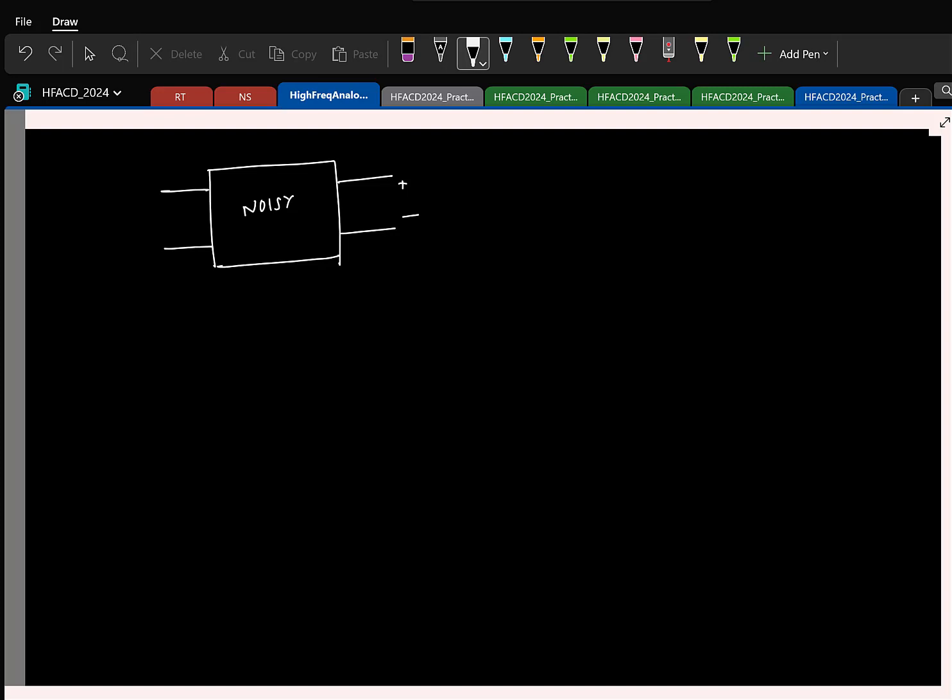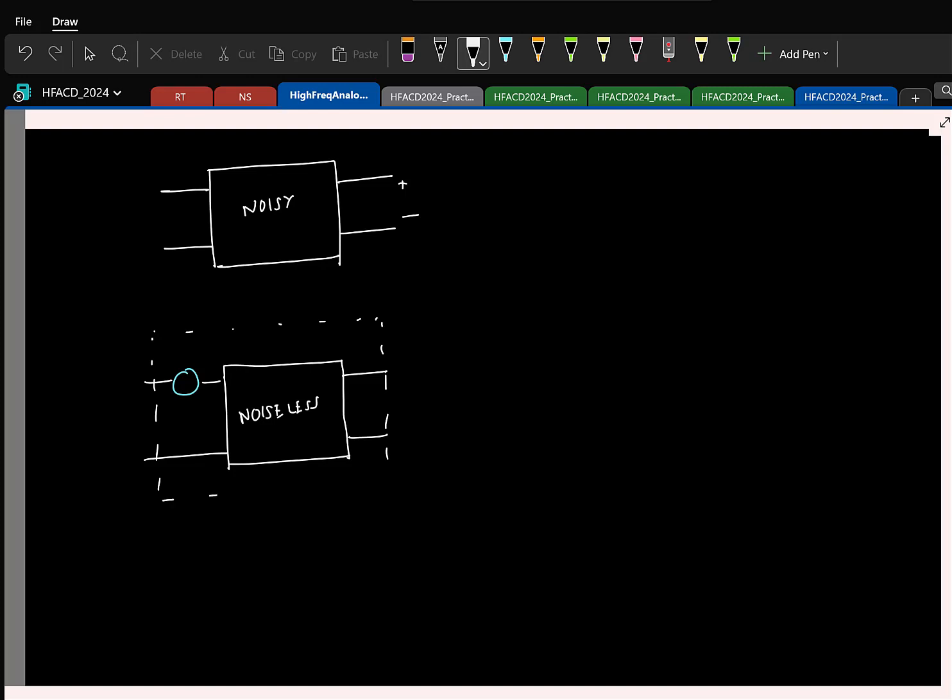Okay, so the way we model it is as follows. We'll assume that our network is noiseless, but the culprit is a voltage source added here. Okay, so this is your actual, this is the total network. Now let us say I apply an input here.